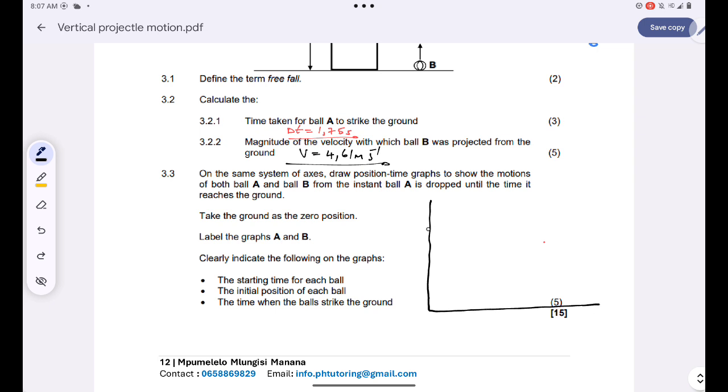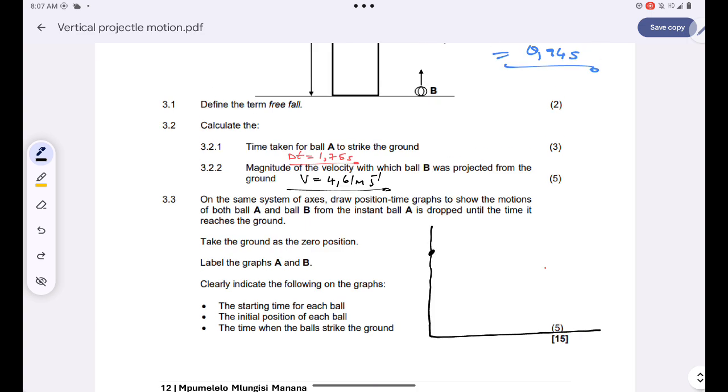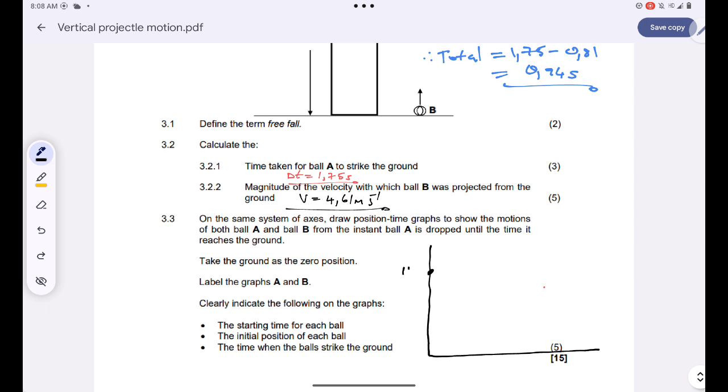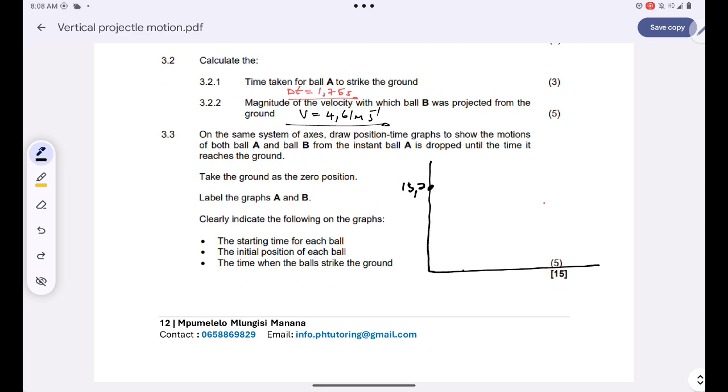Remember that ball A was thrown from a height of 15.2 meters, and ball B was thrown from the ground after 0.81 seconds. It traveled, reached maximum height, and then came back down to the ground.